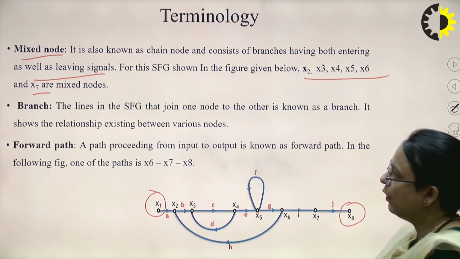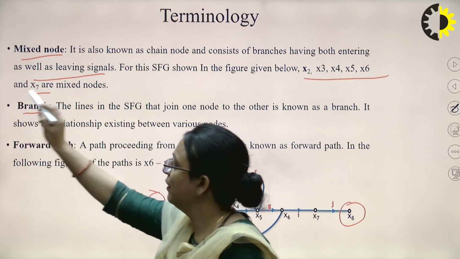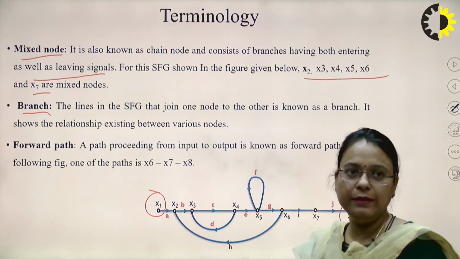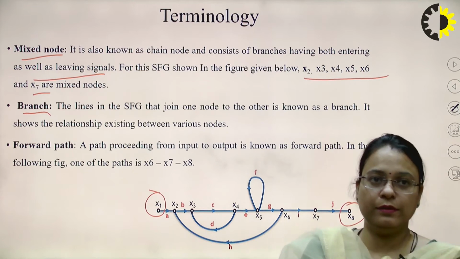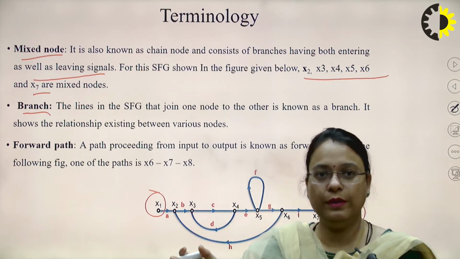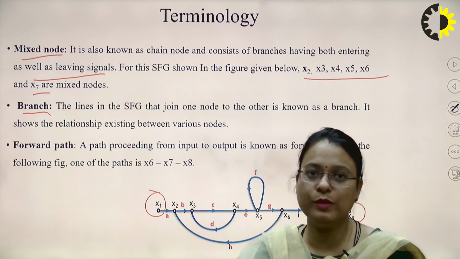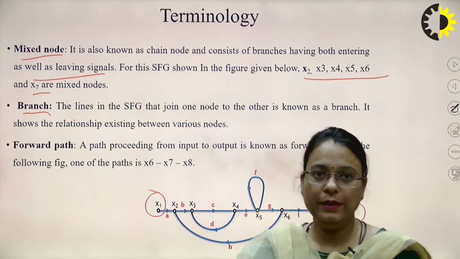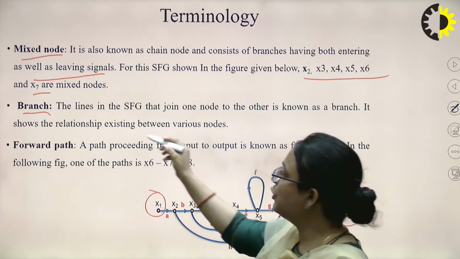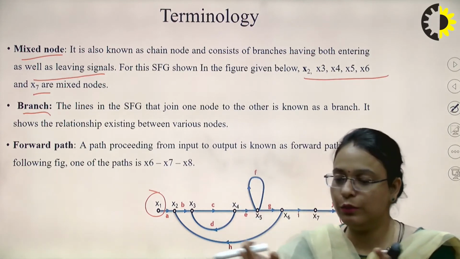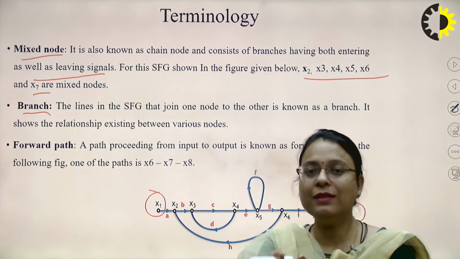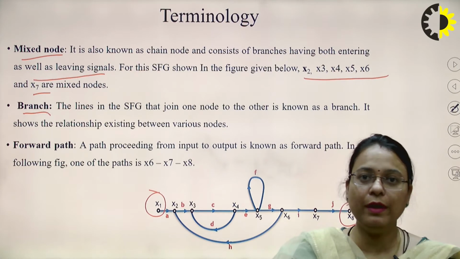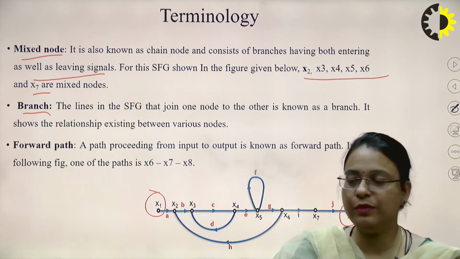Now what is a branch? I have already discussed that the lines which join one node to another node in the signal flow graph are known as branches. This branch shows the relationship between the two nodes. A branch is associated with an arrowhead as well as a transfer function.